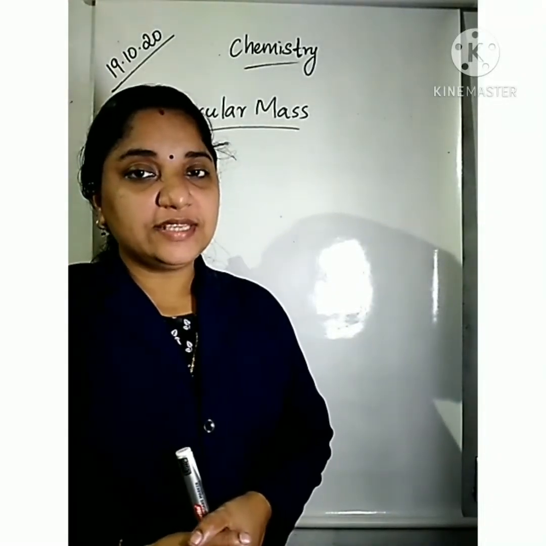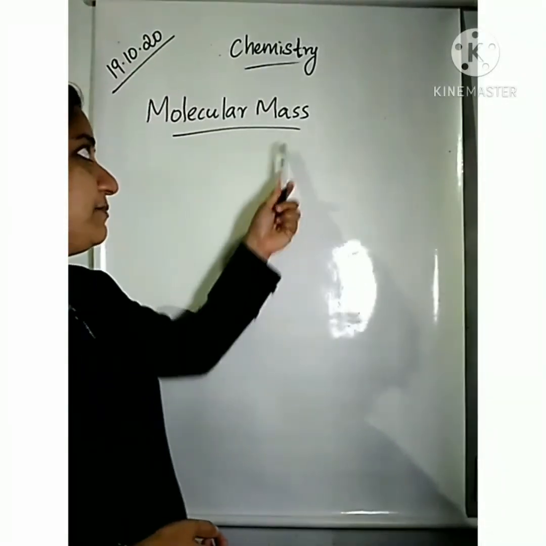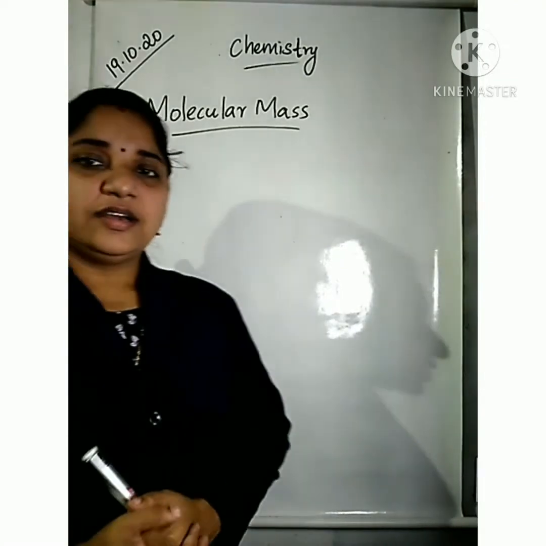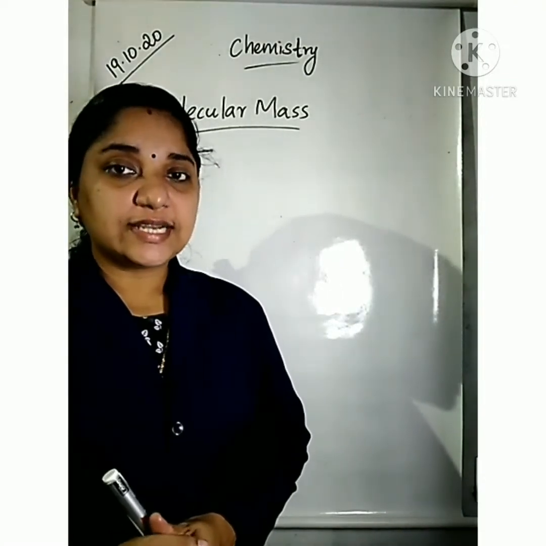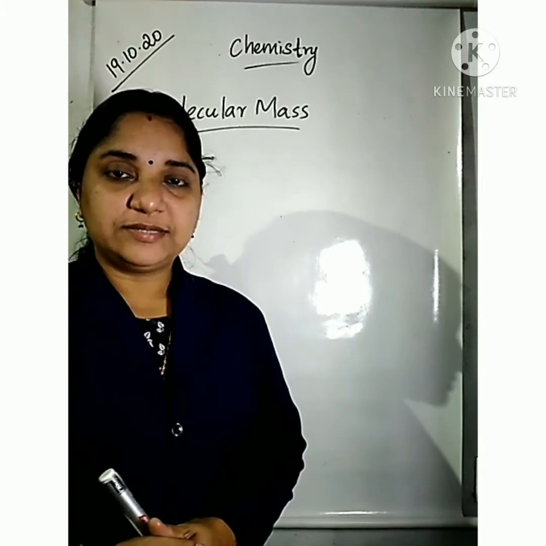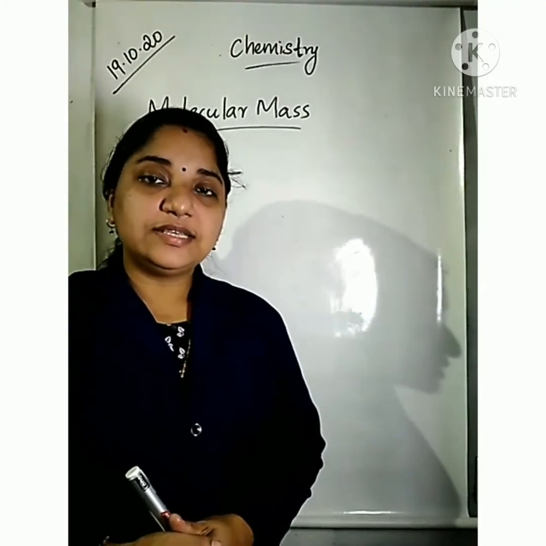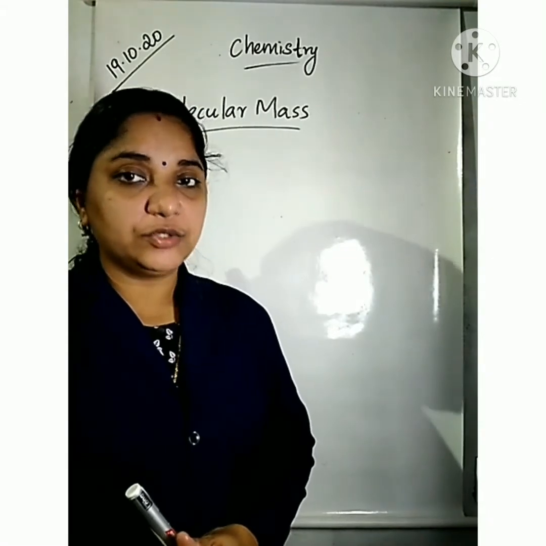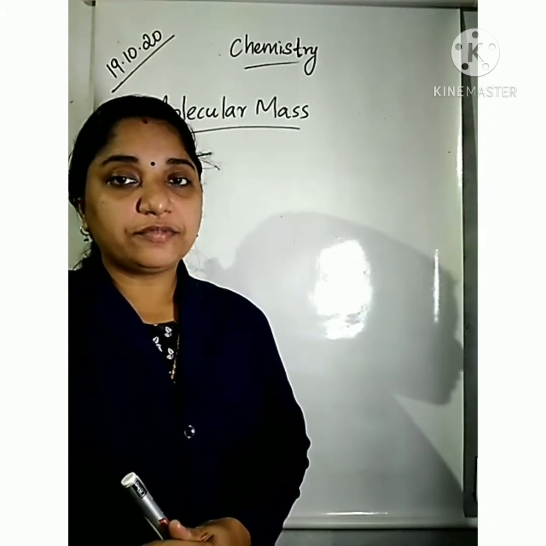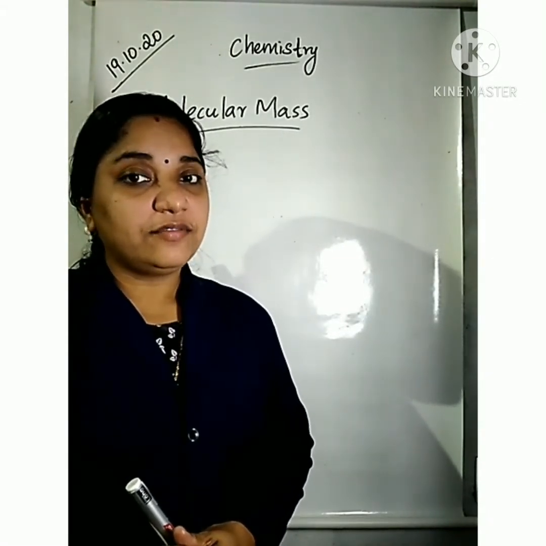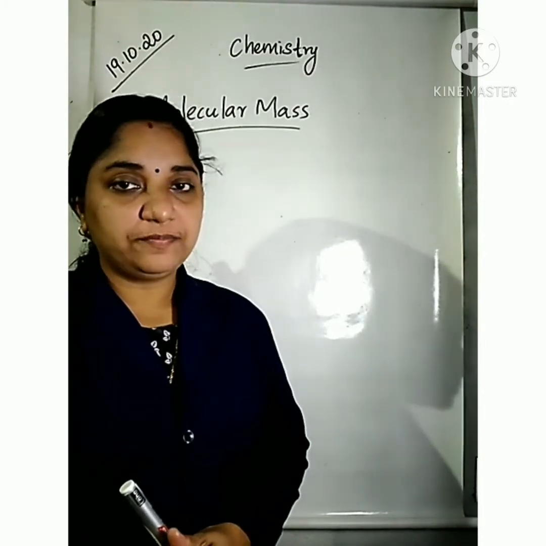Next topic is molecular mass. We already discussed the concept of atomic mass. One atomic mass unit is exactly equal to 1/12 of the mass of one atom of carbon-12.